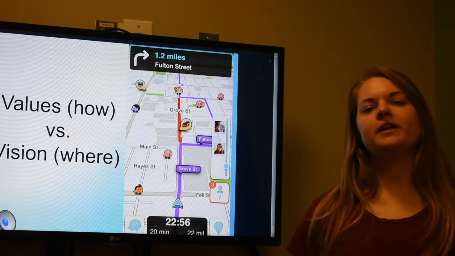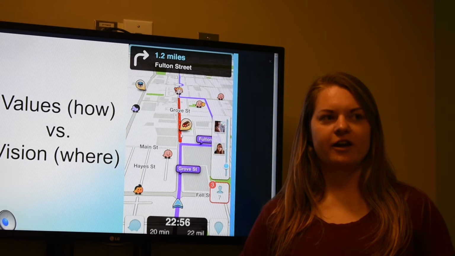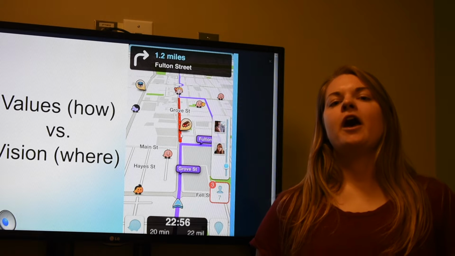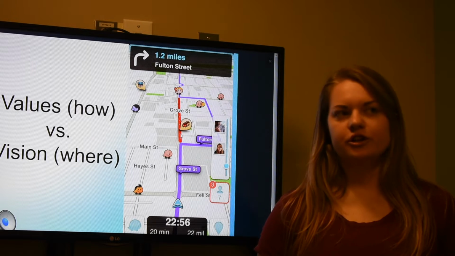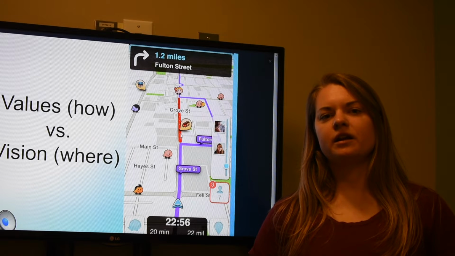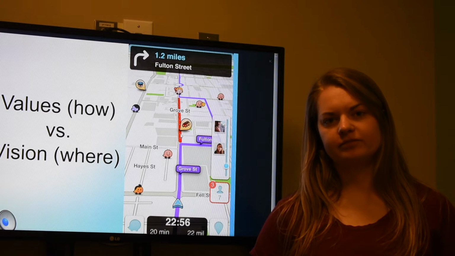Okay, so there are so many reasons why values are so important to us today and why they matter. Identifying your values helps you identify what is important to you. It helps you dig deep into how values impact your daily life.